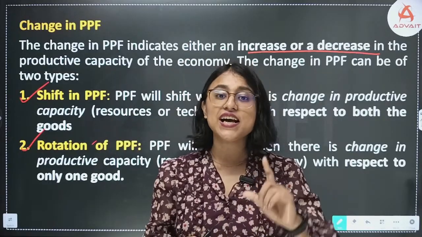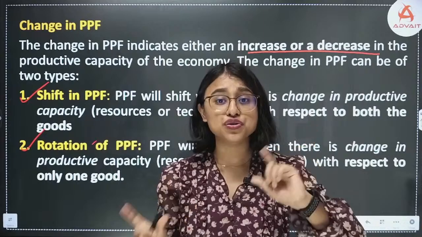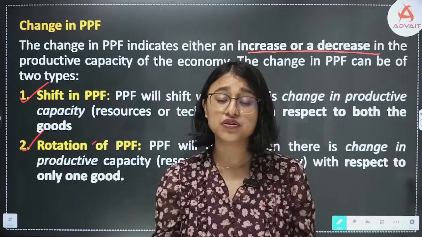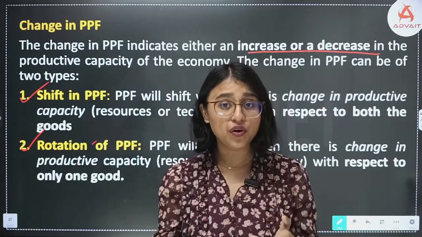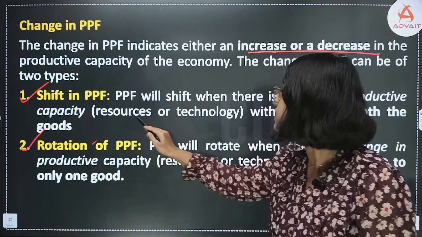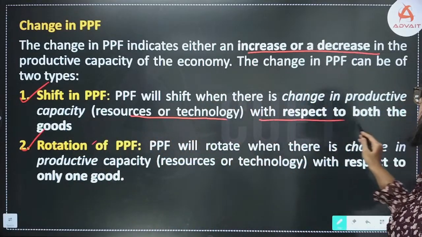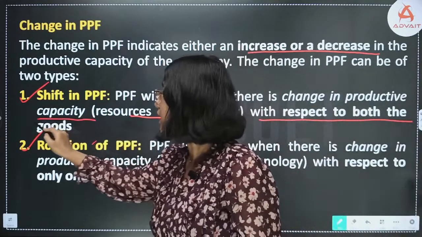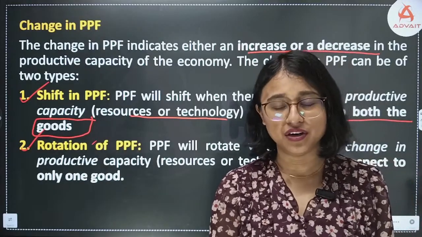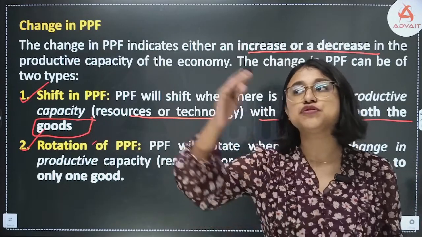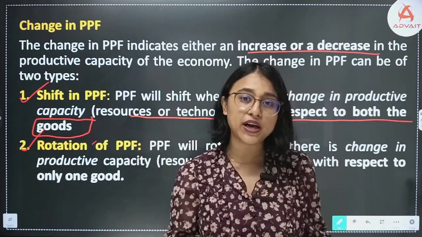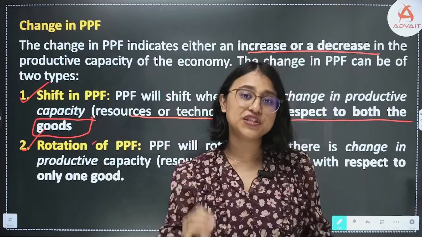When there is an upgradation of resources, upgradation of technology or productive capacity as a whole, with respect to both goods, there will be a shift in the PPF. If resources and technology only increase, it will lead to a rightward shift of the PPF, and if there is a decrease in productive capacity, there will be a leftward shift of the PPF.